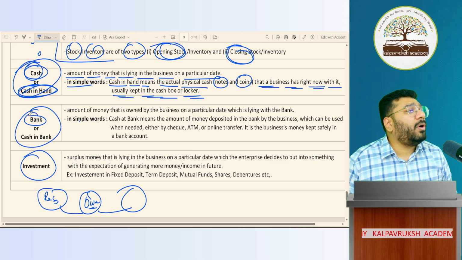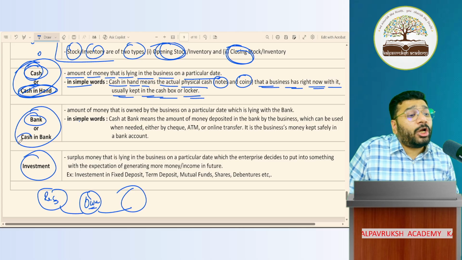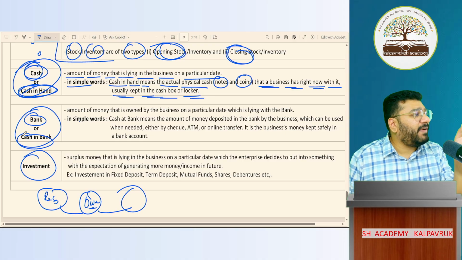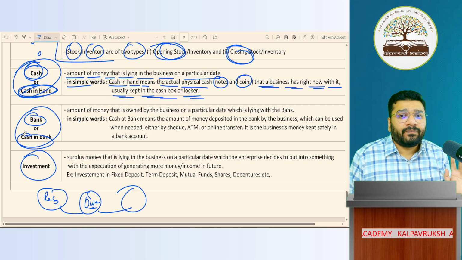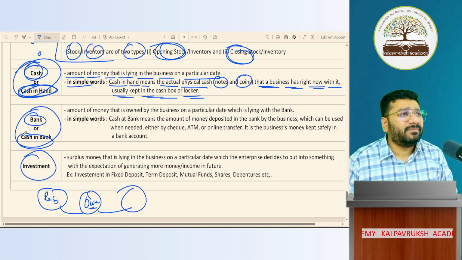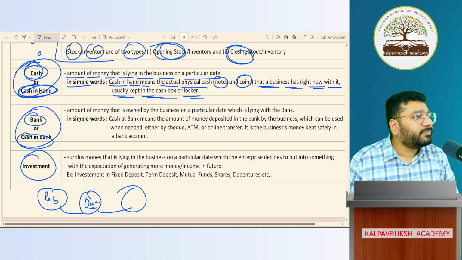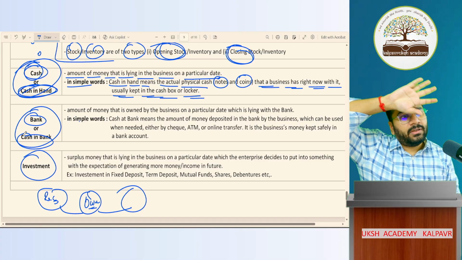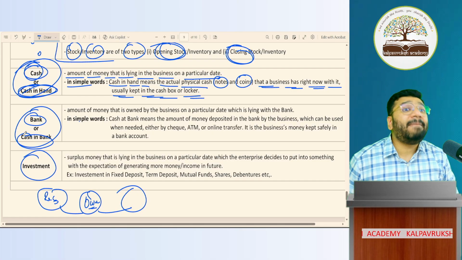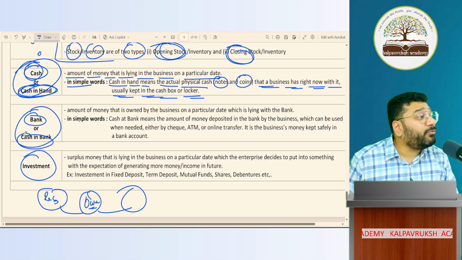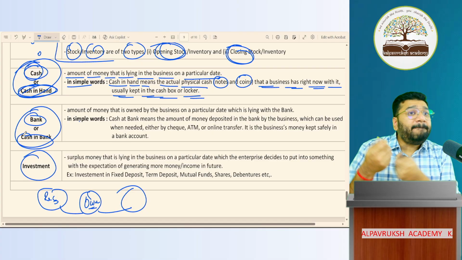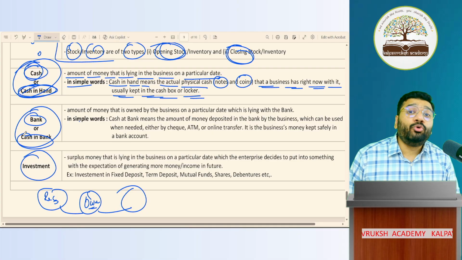Often you'll come across the term called cash at bank. 2 crore rupees, 12 lakh rupees, 5 lakh rupees. What does it mean? All of you know what is bank account? All the business entities have to open bank account so that they can make the payment and receipt transactions very smoothly and efficiently.